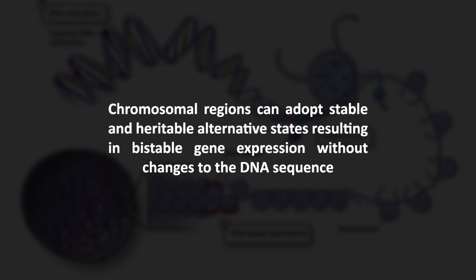Chromosomal regions can adopt stable and heritable alternative states, resulting in bistable gene expression without change to the DNA sequence. Epigenetic control is often associated with alternative covalent modifications of histones.